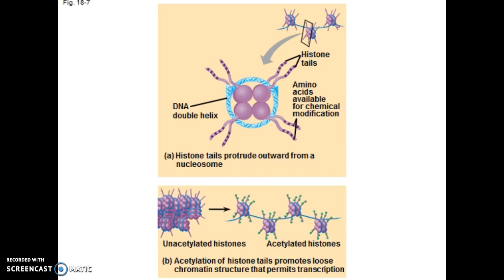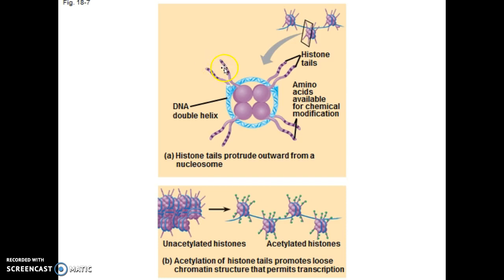So here's that image. Histone acetylation refers specifically to the addition of acetyl groups to the histone tails, and we can see those tails right here. So we need to add some acetyl groups to those tails. These acetyl groups attach to lysines, which are amino acids found on the tails.